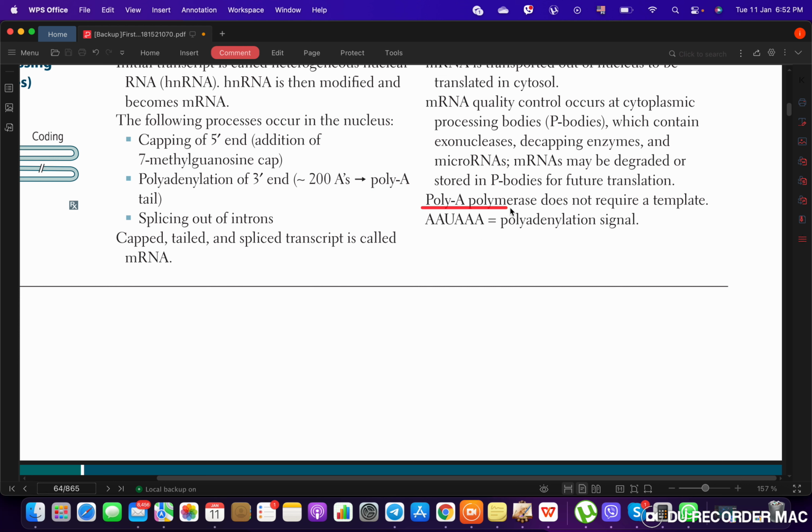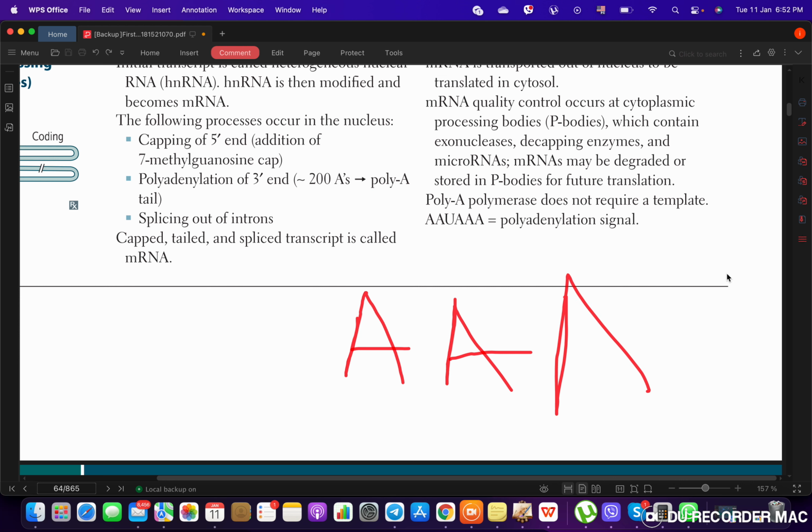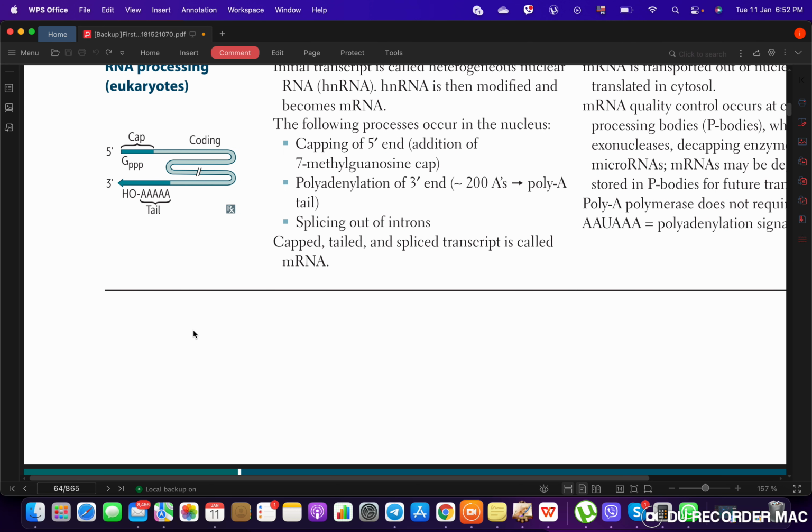What is this polymerase? Well, the making of the tail, and we said that the tail is made of a lot of adenines. To make it, we need a polymerase, yeah? But this polymerase does not require a template because, come on, how difficult is it to make plenty of A's next to each other? You're like, okay, it does not require a template, but how does it know that it should make the tail, yeah?